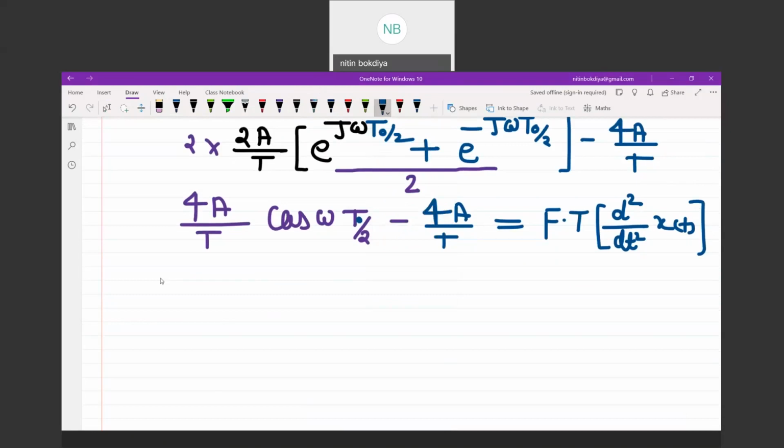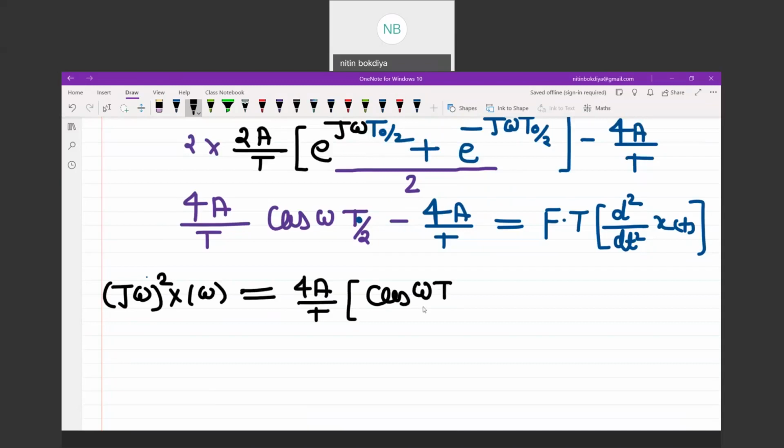The double derivative means (iω)² times X(ω), with 4a/t common, and this is cos(ωt/2) minus 1.